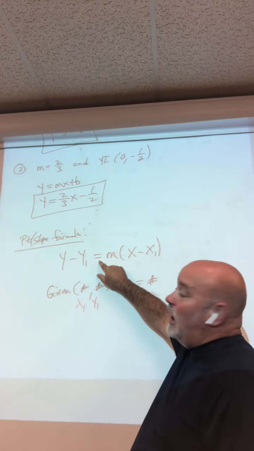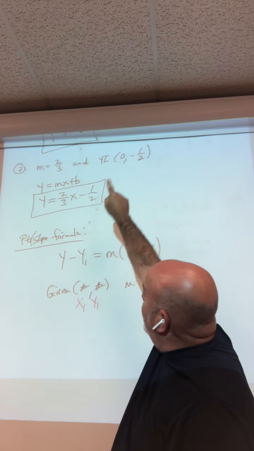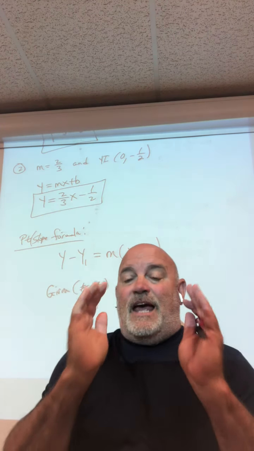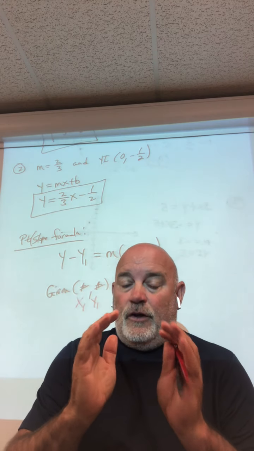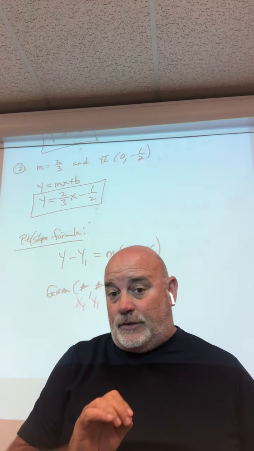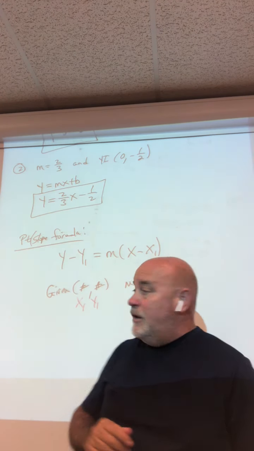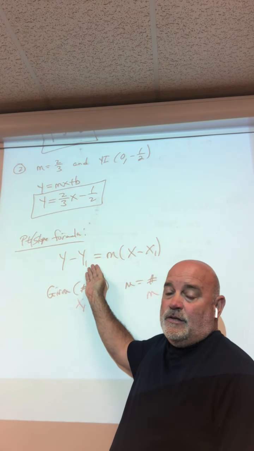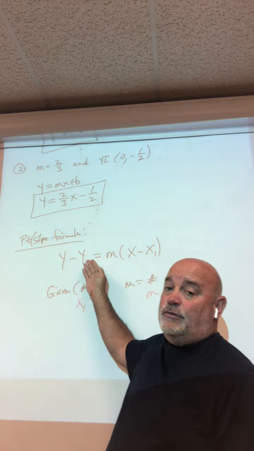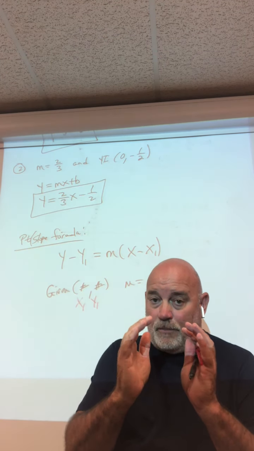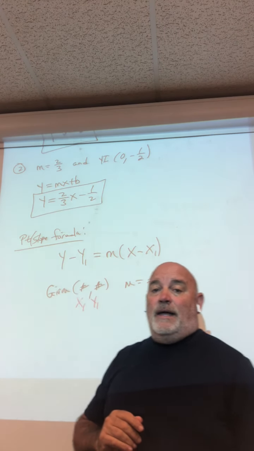So this formula would have actually worked those two problems right up there. But anytime the point that you're given is your y-intercept, you can just use y equals mx plus b. You don't have to use this. So the only time I would use this is when that point, that ordered pair, is not your y-intercept.